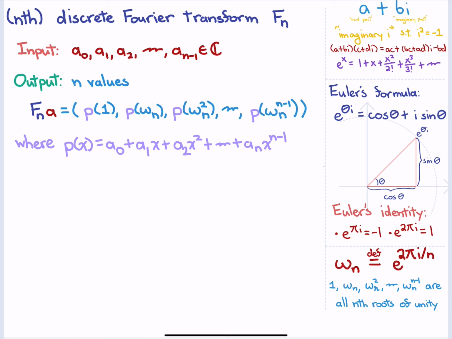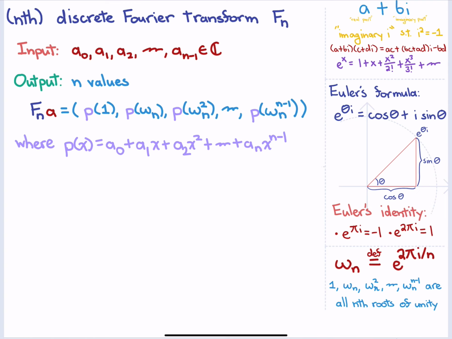We just compute a0 plus a1 plus a2 and so on. And the same goes for p of omega sub n; that would also take n time. So each of these would take n time to evaluate. It's just n multiplications and additions, bringing it all together. And there's n of them, so you would take n squared time to do this naively. So the question is, can we do better?